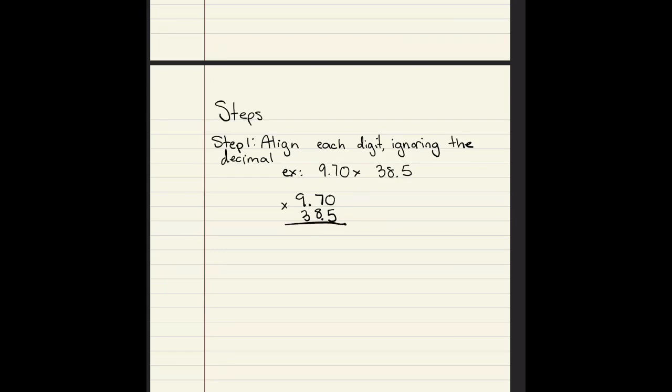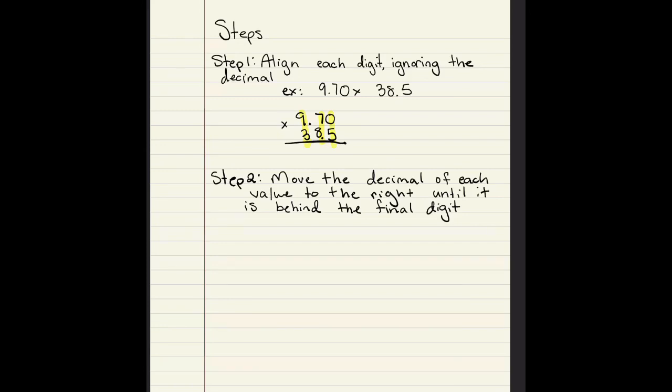All right, so I've lined up my digits. So these are all lined up. Step 2 is to move the decimal of each value to the right until it is behind the final digit. So for example, I need to move my decimal. So here's my decimal for the first value.